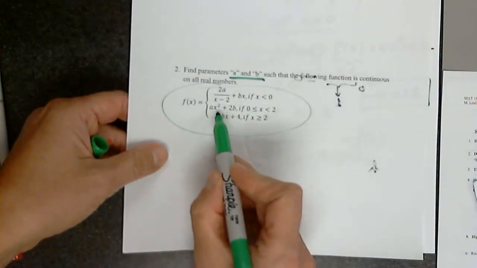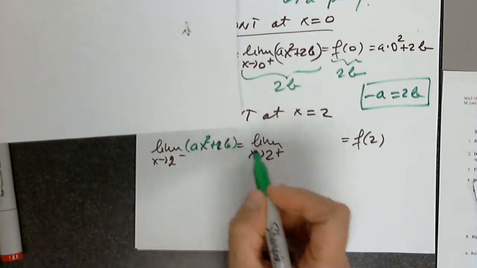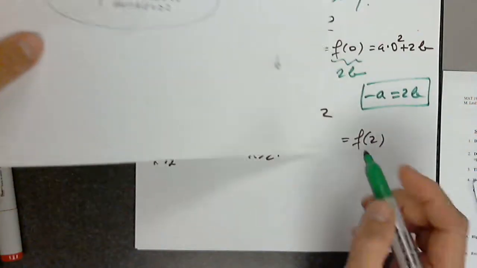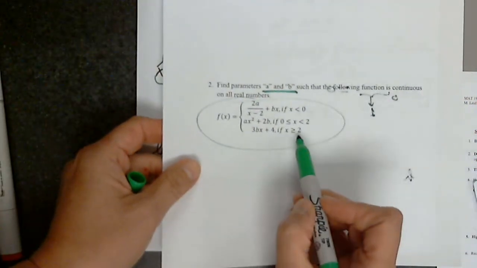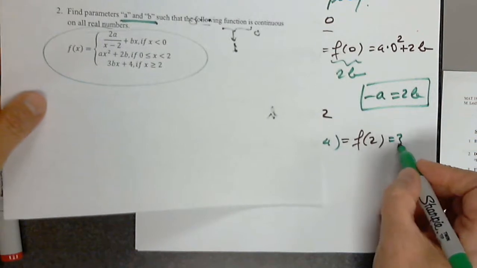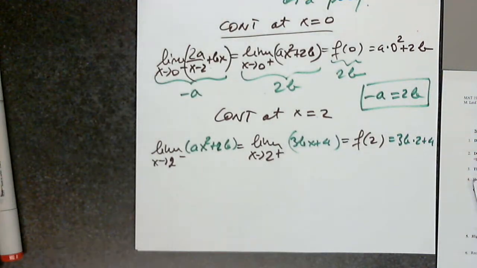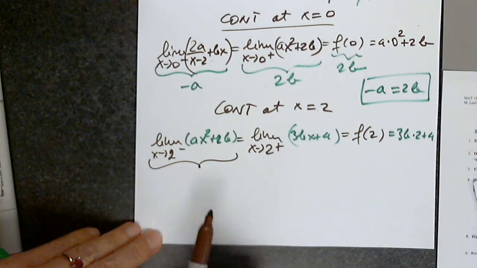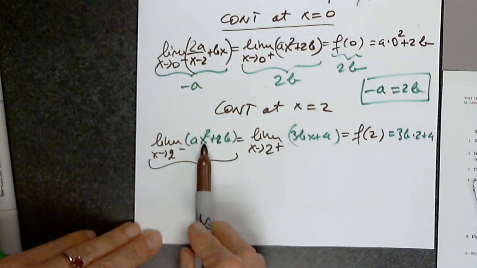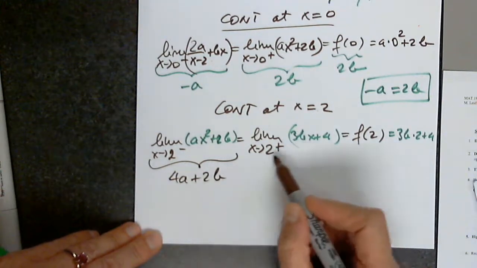Okay, now I'm looking at the other one. 2 from the left of ax squared plus 2b. 2 from the right from 3bx plus 4. 2 is here from 3b times 2 plus 4. So what is this? 4a plus 2b.